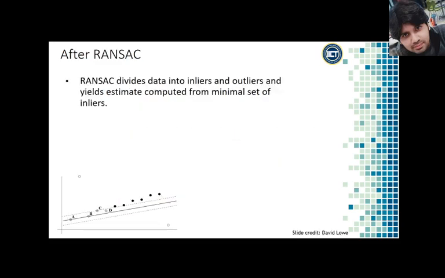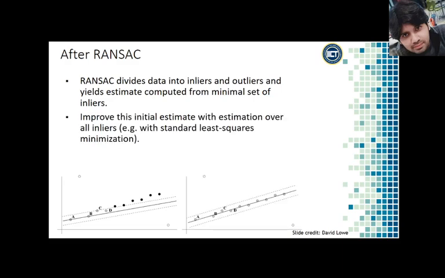So RANSAC divides data into inliers and outliers, as we have seen, and yields an estimate computed from a minimal set of inliers. In this case, we can improve the initial estimate with an estimate computed over all inliers, for example with standard least squares minimization. If you are an electronics student, and you have studied numerical methods, which I taught last semester, you would know that least squares estimates can be performed by linear regression.